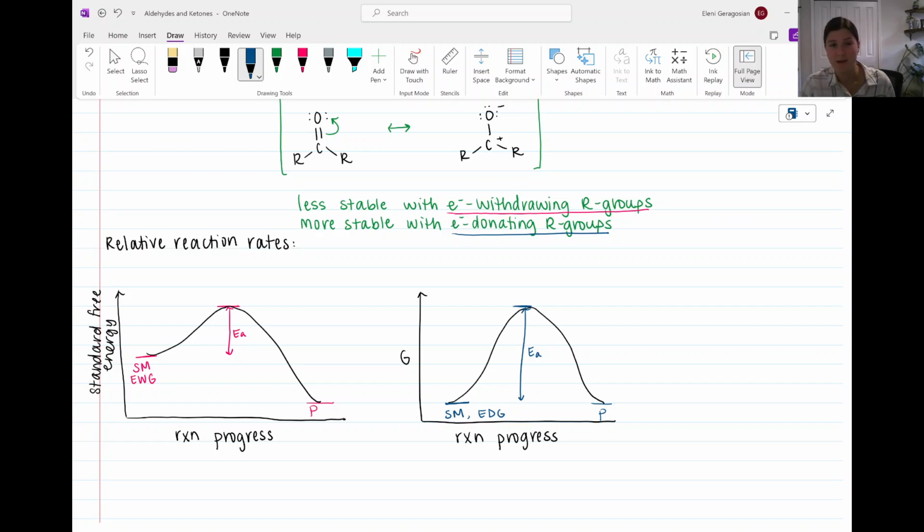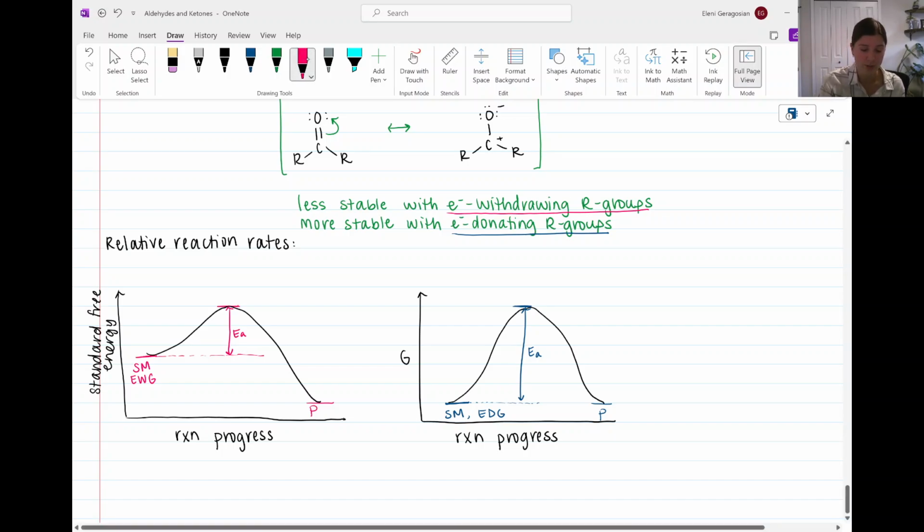When we have a molecule with electron withdrawing groups, its activation energy is much lower than for starting material with electron donating groups, because the starting material with electron withdrawing groups already exists at a higher energy.